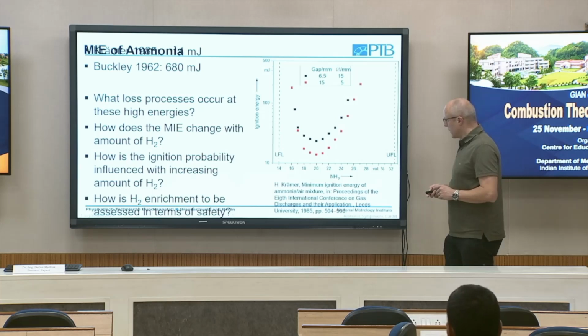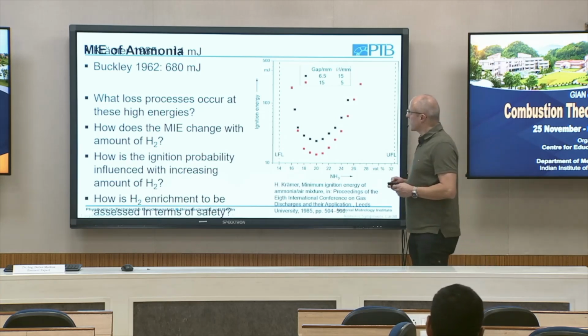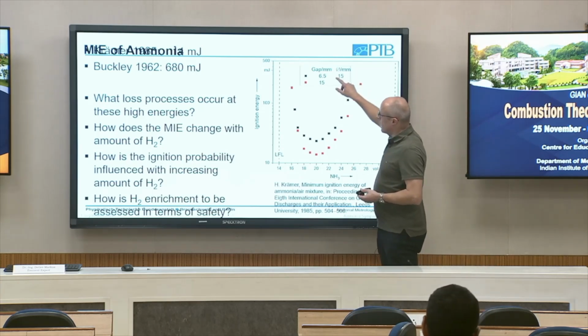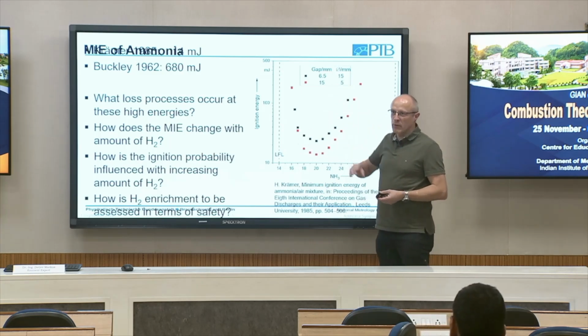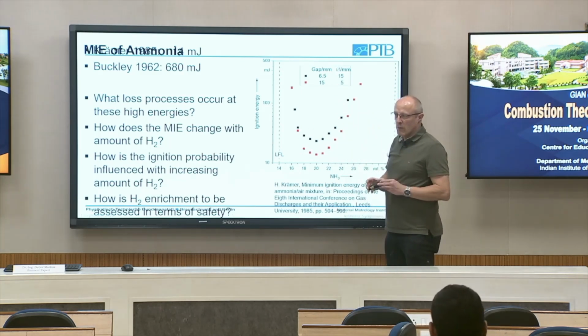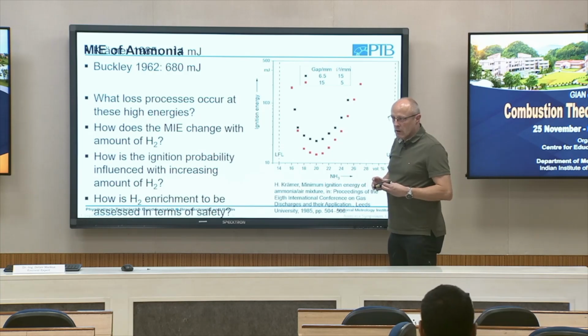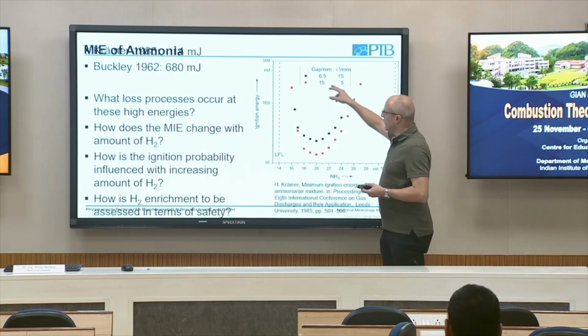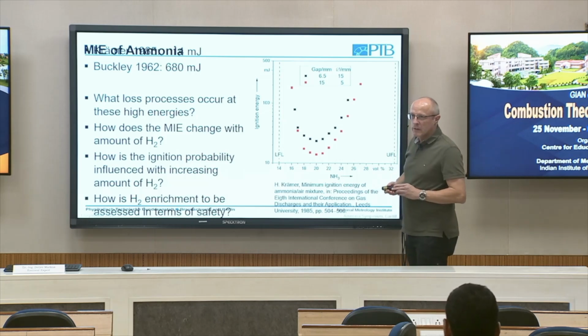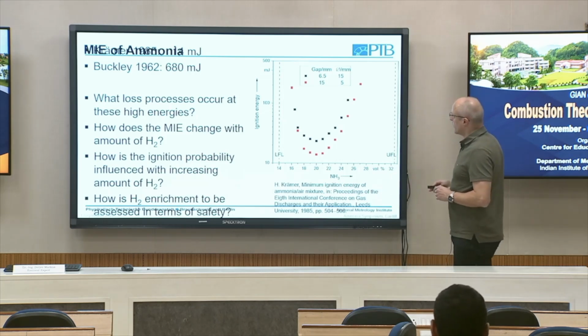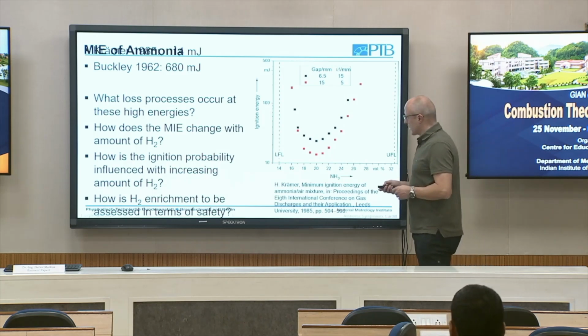So big difference, and we have had 0.5 millimeters for hydrogen in air, and here we have 15 millimeters. So this is the optimum gap distance.